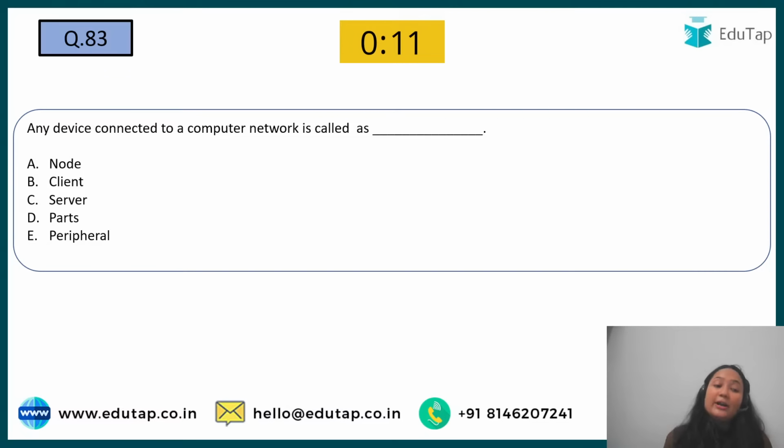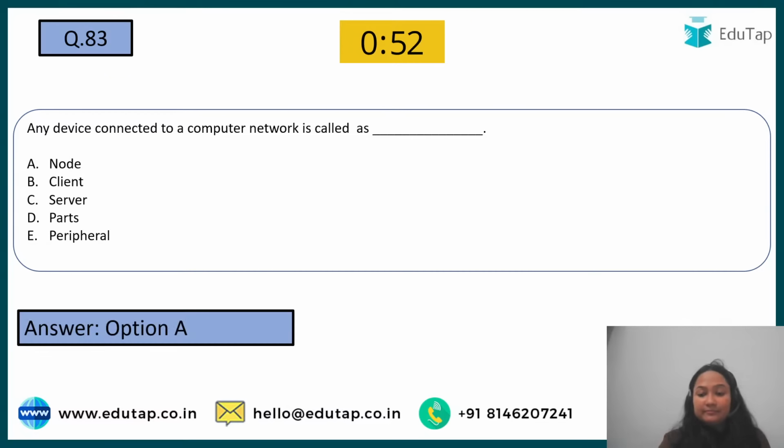They will be called nodes. They cannot be called client and server. Client wants information, server has the information, so this cannot be the answer. Peripheral I have already told you, these are basically the devices. So node will be the answer. Alright, option A, nodes will be the correct answer.